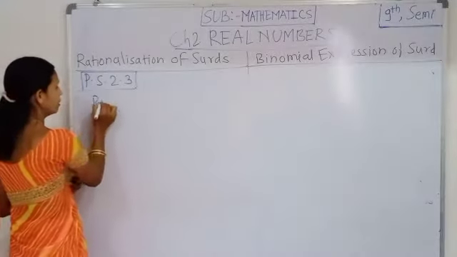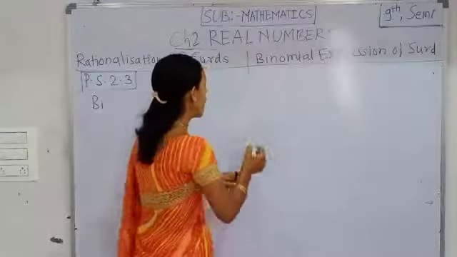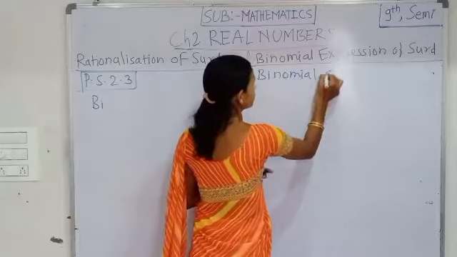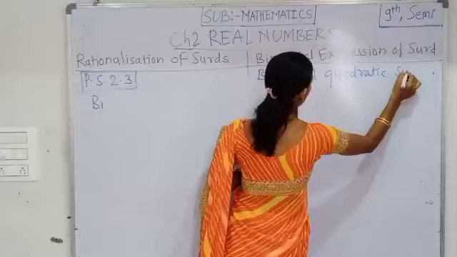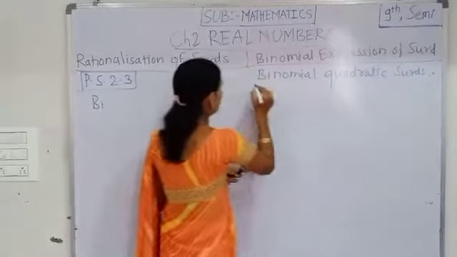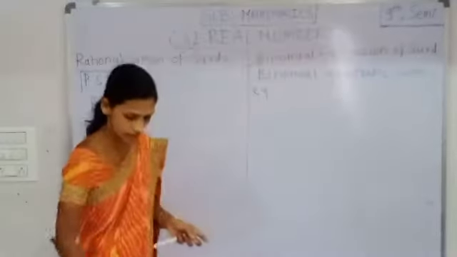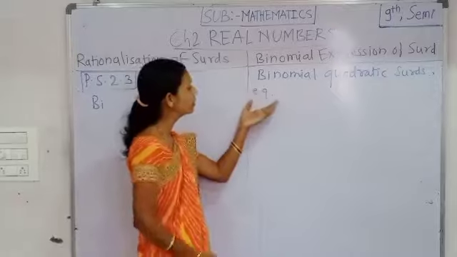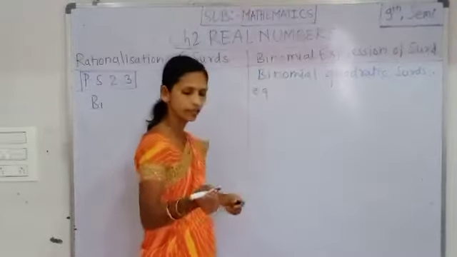Then one more new concept which is related to surds, that is binomial expressions or binomial quadratic surds. Then, taking a few examples of those surds, you will determine the binomial quadratic surds.